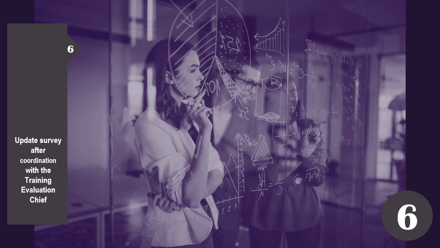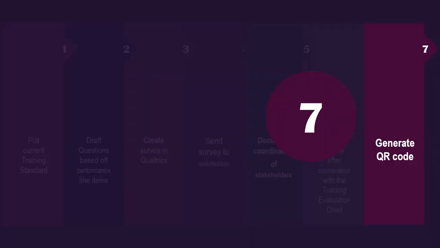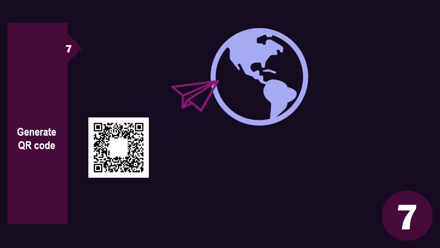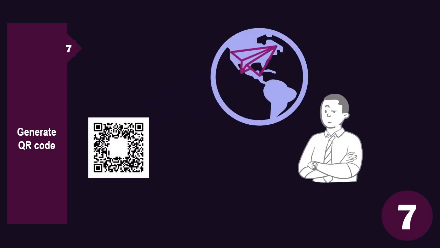And now it's time for the final step. Step 7 of implementing the FEQ for an Air Force specialty or course is to generate the QR code and URL. These will be sent to the operational units and accessed by supervisors of our graduates at their first duty assignment.